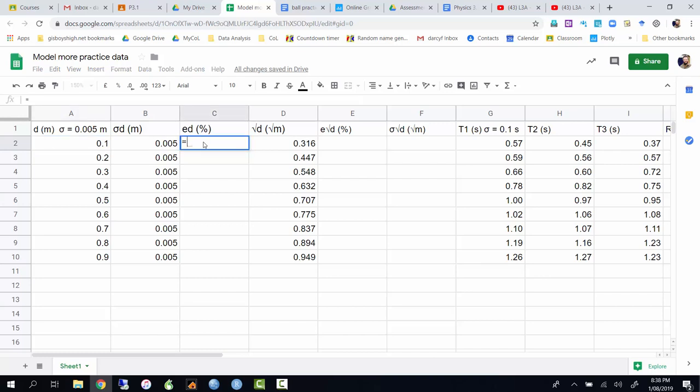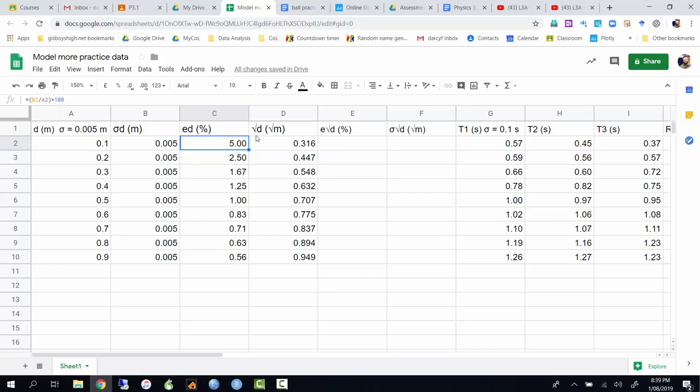So that equals, put a bracket in because we have the BEDMAS rules, the value of this as a fraction of that, and multiplied by 100 to make it a percentage. So 0.005 is 5% of 0.1. That's what that's telling us. And I can copy that formula down, and we've now calculated the percentage uncertainty in d.